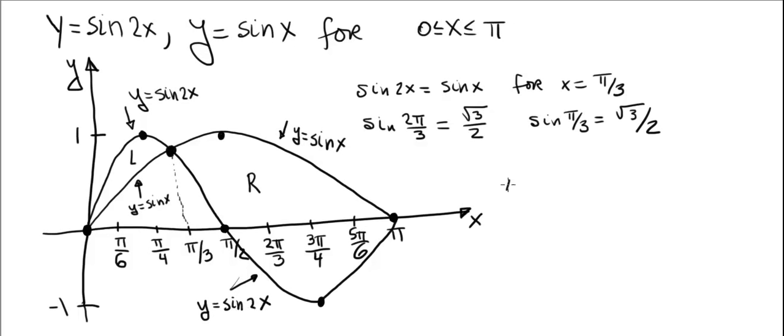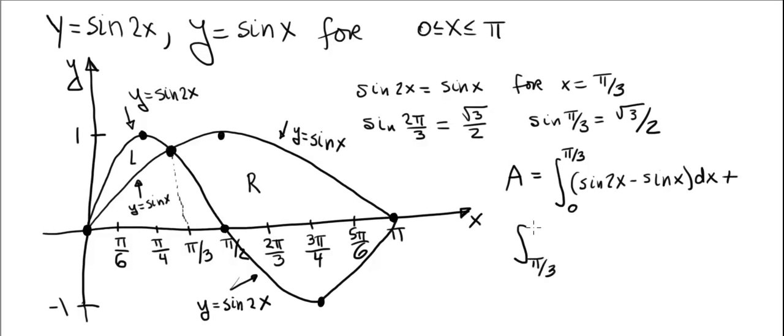And so the area that we want has to be two integrals. The first one from 0 to pi over 3, the top function sine 2x minus the bottom function sine x dx, plus the area of the right side, from pi over 3 to pi. The top function is sine x minus the bottom function sine of 2x.